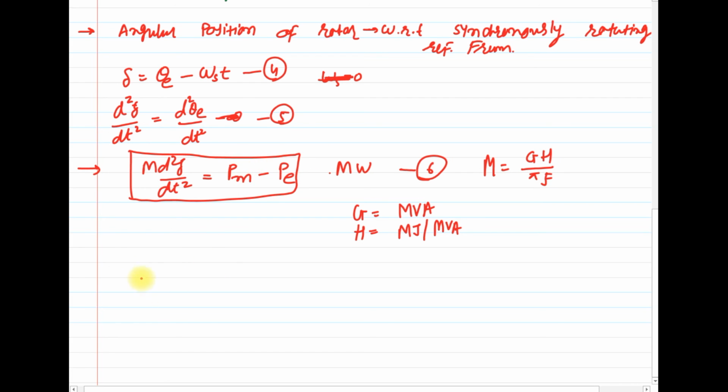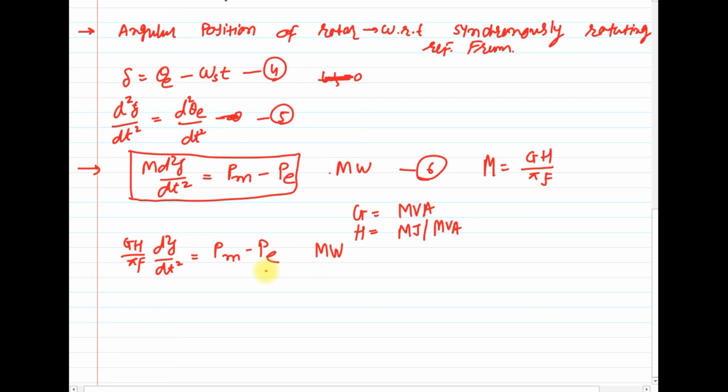Clear? So substitute M is equal to GH upon pi F, which is GH upon pi F into d square delta upon dt square is equal to Pm minus Pe. So the unit is megawatt. So we need to convert this equation in per unit form.